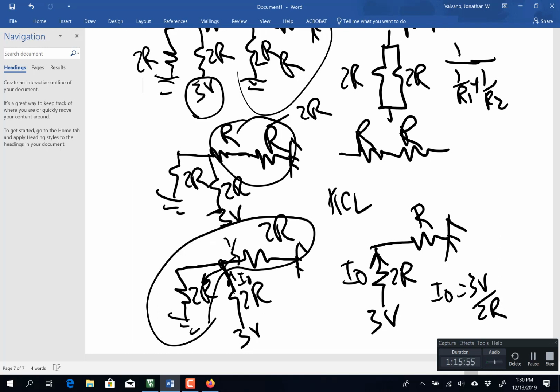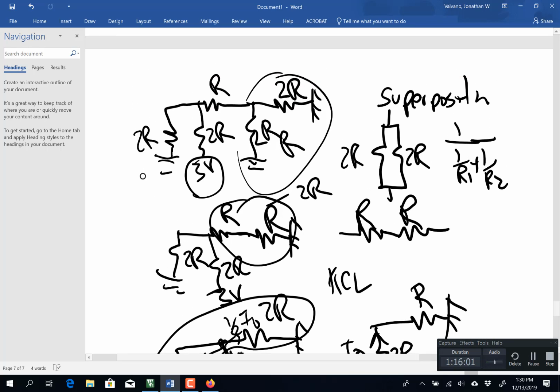Divides in half. Okay? And then if I go over here, this is 1/2 I0. How much of it goes this way and how much goes that way? The answer is 1/4 I0 goes that way. And then I'll do the other one and combine them up.